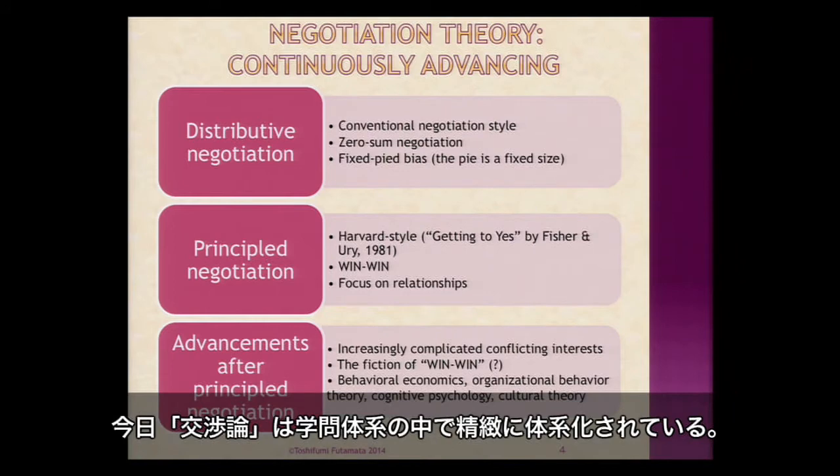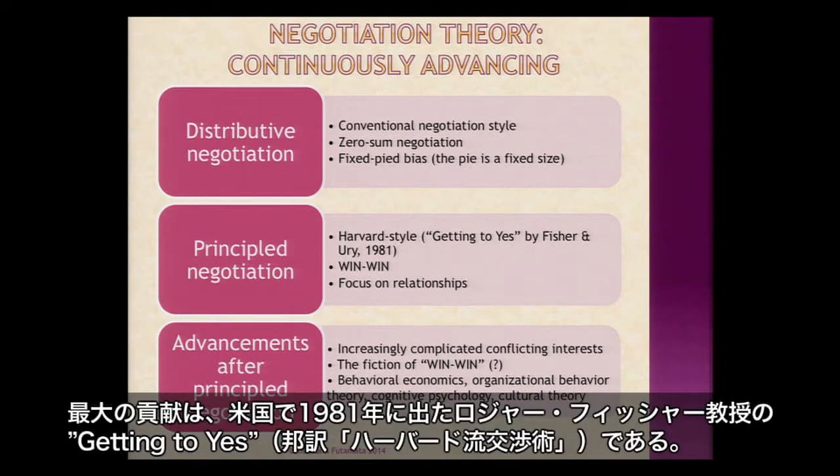Negotiation theory is continuously evolving. Negotiation theory is nowadays well framed in academic studies. The greatest achievement was the job done by Professor Roger Fisher in his book Getting to Yes in 1981.